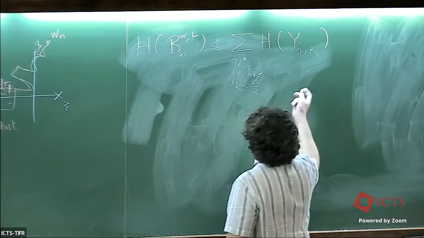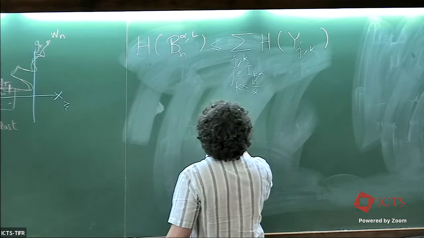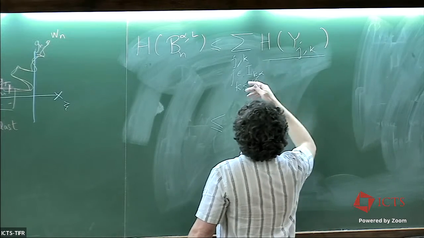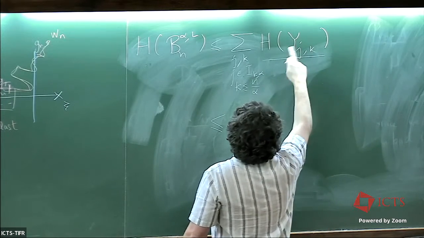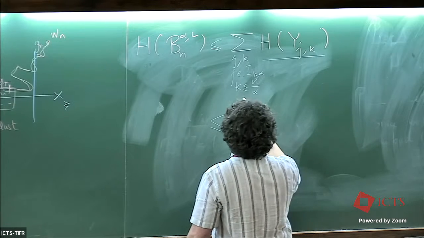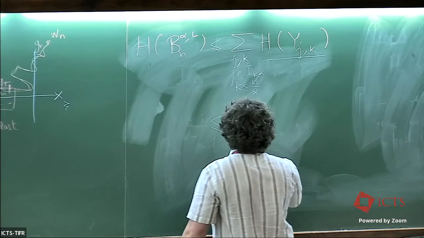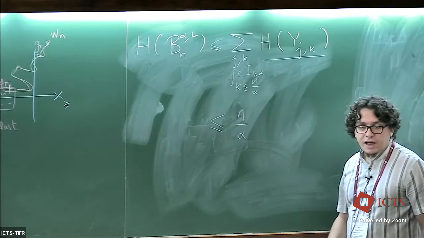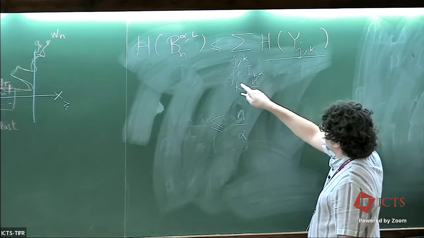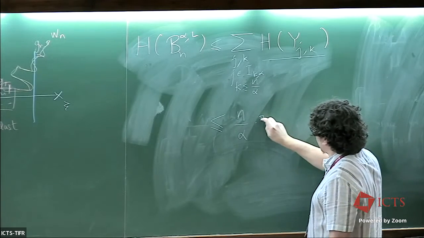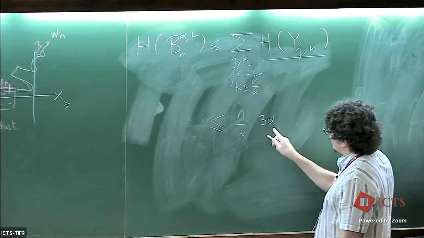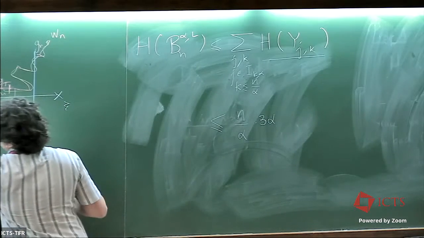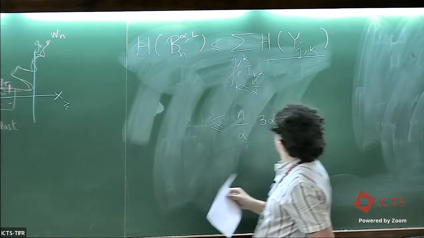And so in the end, we're done, because how many positions do we have? We have n over alpha values of k. How many values of j do we have? For each interval, you have 3 times alpha, because we keep track of the current interval, the future, and the previous one, so 3 times alpha.